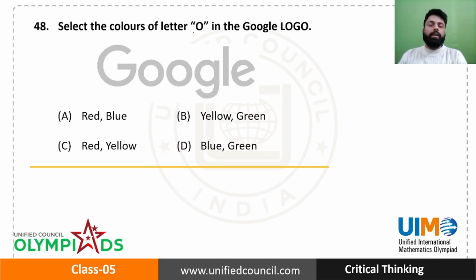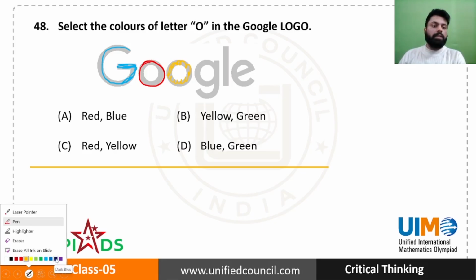Select the color of the letter O in the logo of Google. So here, if we just fill it up, first we have blue color like this. Then the next one is red. Then the next one is yellow.